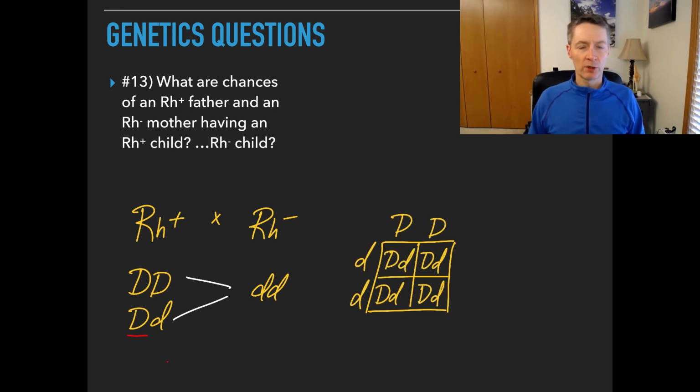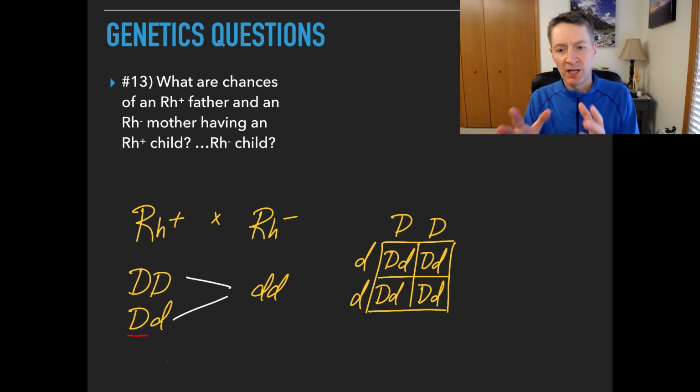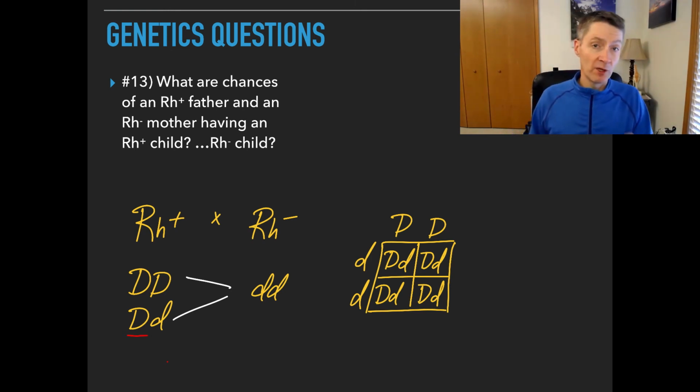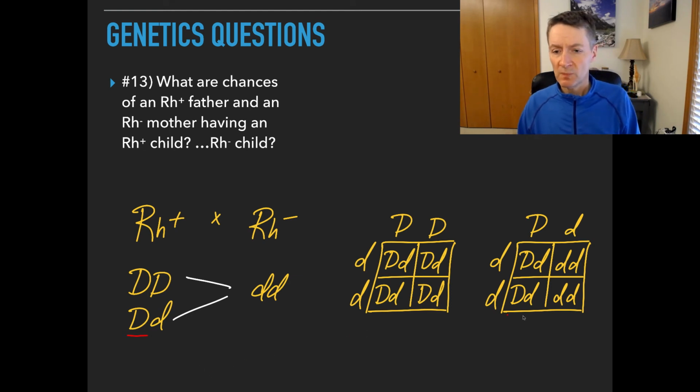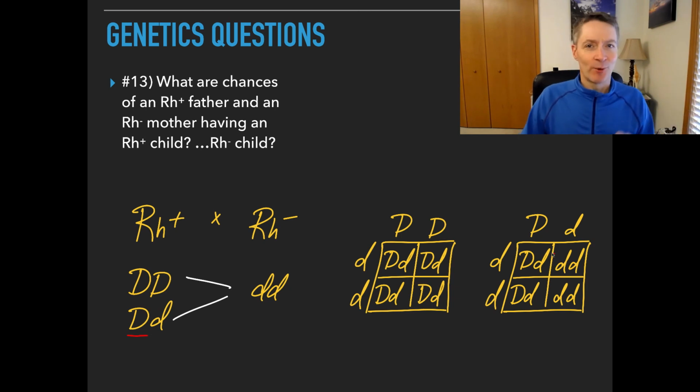Big D's with little d's, and we get all big D, little d as a result. So in other words, for every possible child here, the chance of having Rh positive, a big D, is 100%. But we've got to do the other one. And when we do that, we see that it's 50-50. Now, let's take them all together and answer the question.